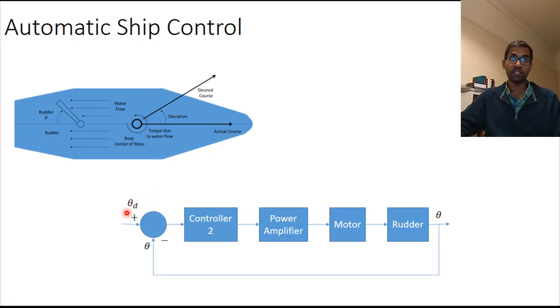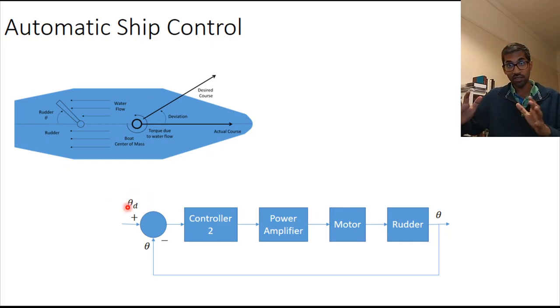That's the direction of the rudder wheel, and we take an error, and this controller controls a power amplifier that probably controls a motor that controls the rudder, and the actual direction of the rudder is theta. So you take a difference between the desired direction and the actual direction and control the motor so that the rudder is maintained at the angle theta d.